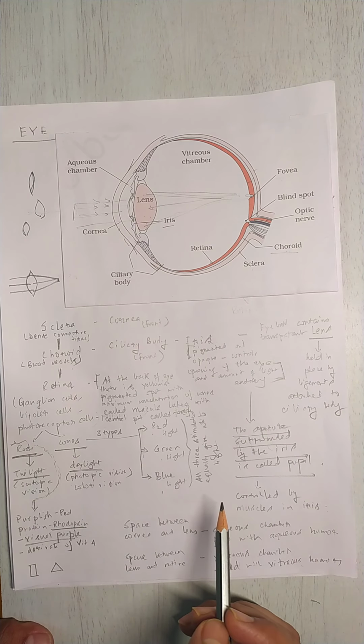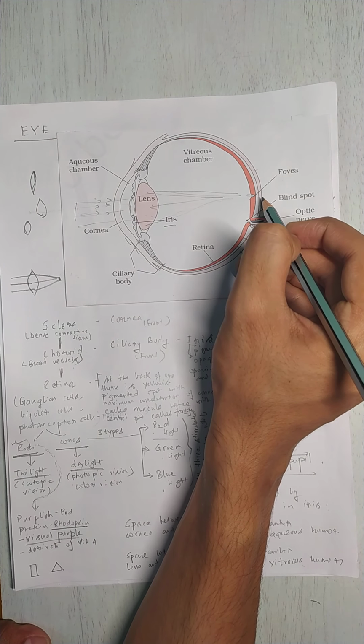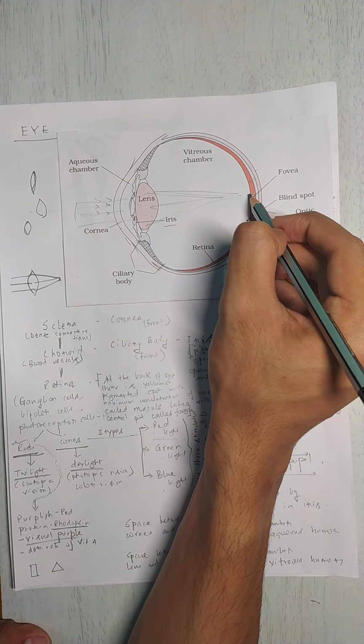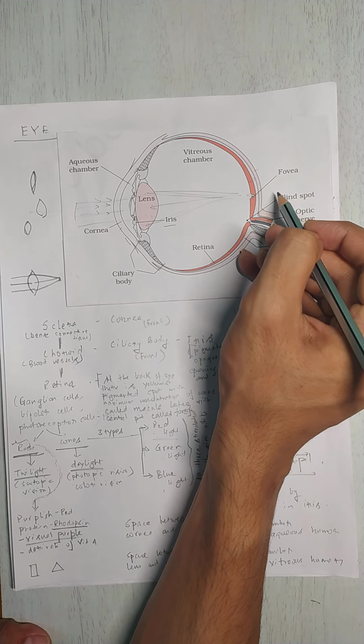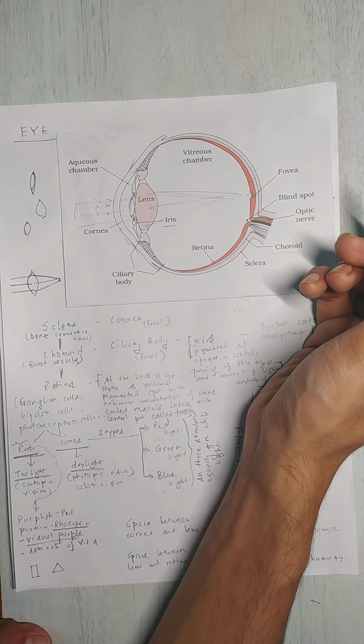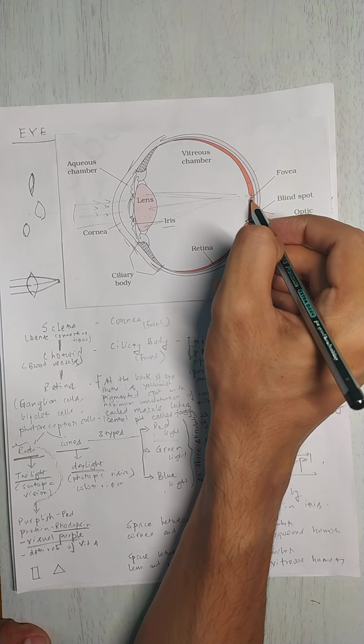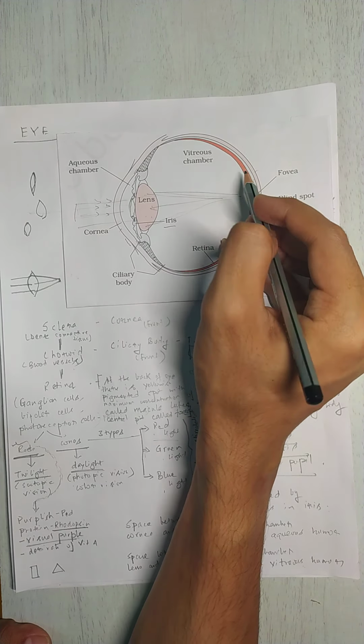Now, when you read something, or when you focus on a particular object, the light must be focused on this particular area of the retina, the fovea centralis. This region has the maximum concentration of cone cells, and in the surrounding peripheral regions of the retina, the rod cells are uniformly distributed. These rod cells are much more sensitive to light than cone cells.